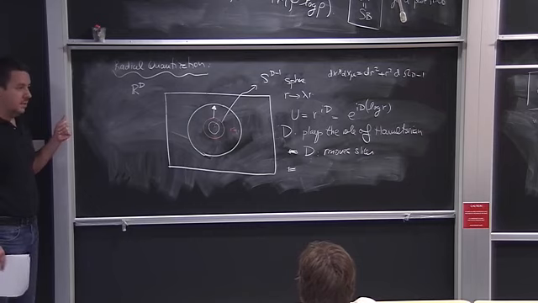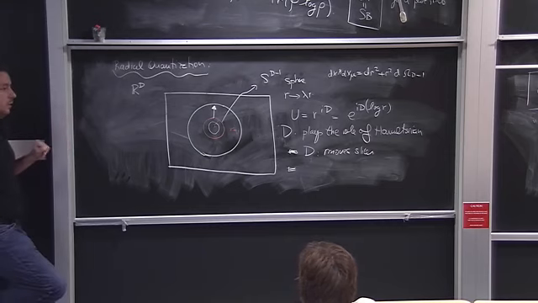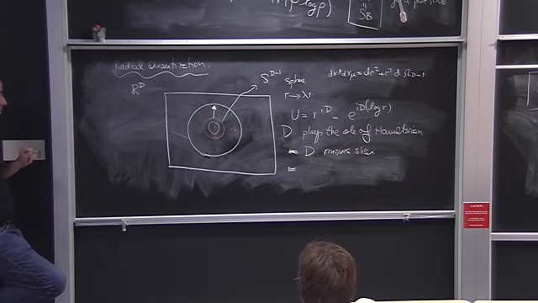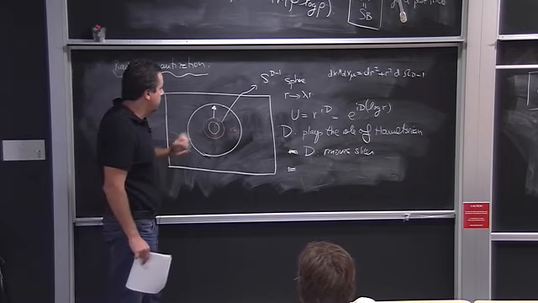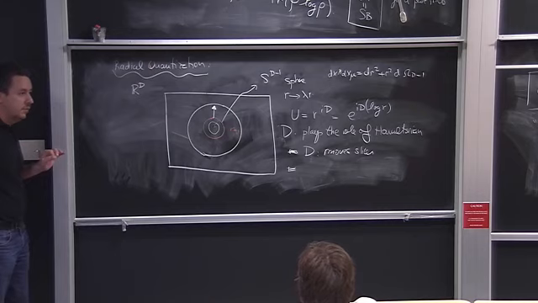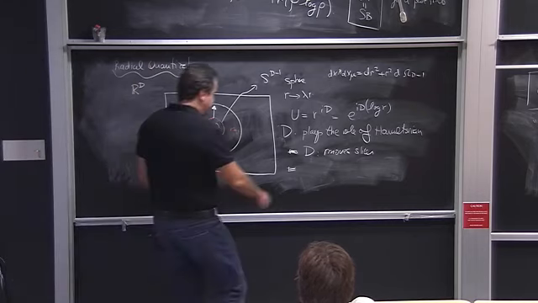Rotations? Something else? Let's talk about continuous transformations. Which continuous transformations preserve a given sphere? Imagine I have the sphere here at radius 1. Which ones preserve the sphere? Okay, rotations, so spatial rotations.